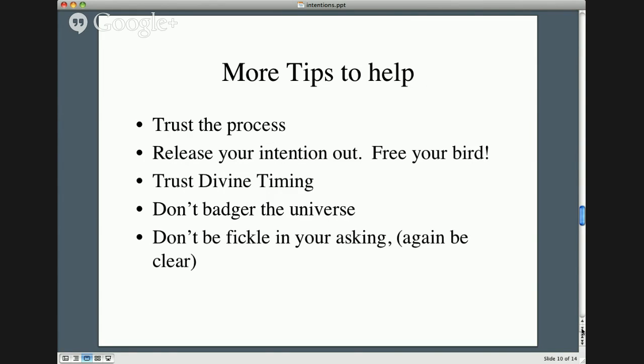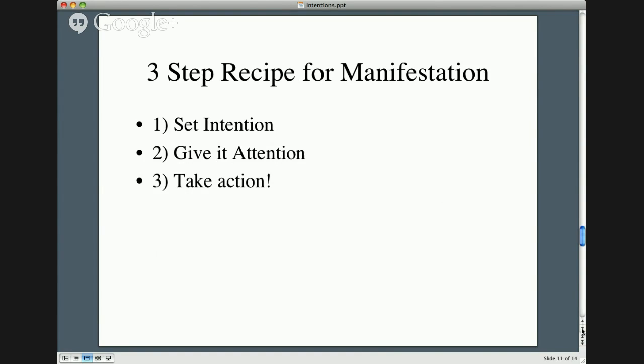So tap into that. The 3-step recipe for a manifestation. Number 1 is set your intention, which we've talked at great length about how to do. The second piece is to give it attention. You're setting an intention and you give it energy and attention. So you're not just setting it, you're working with it. You might set down, okay, what are my steps to make this happen?